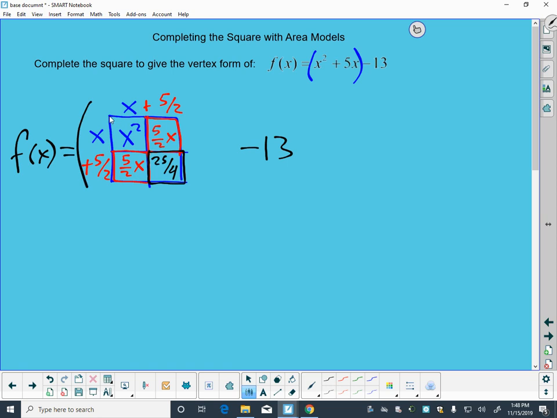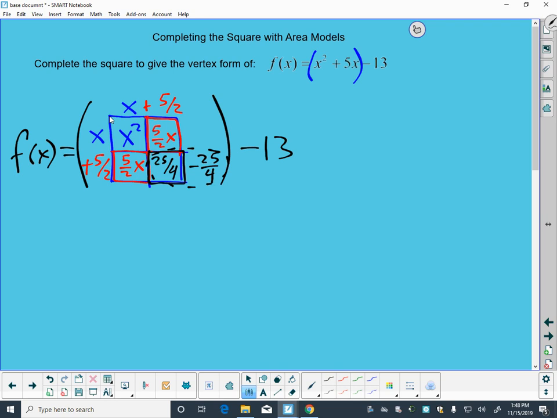Let's group this together here. And the problem is that this 25 fourths kind of came out of nowhere. So I need to subtract 25 fourths so that these two pieces are equal to 0.